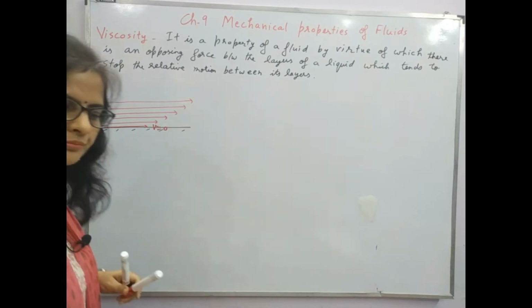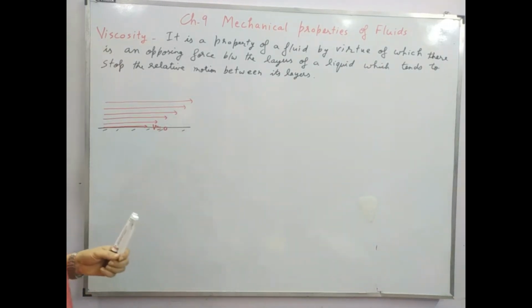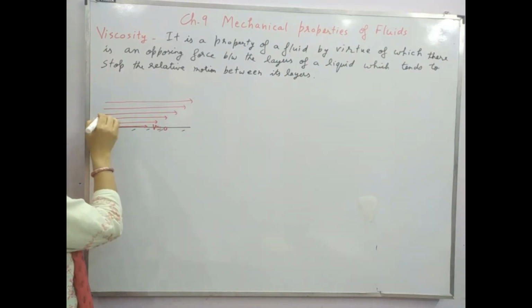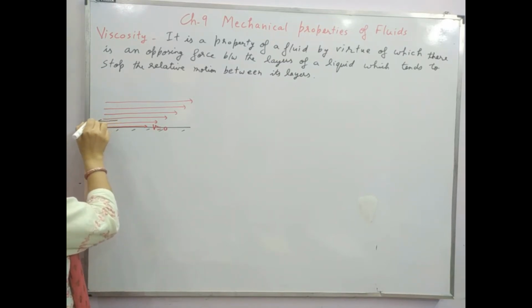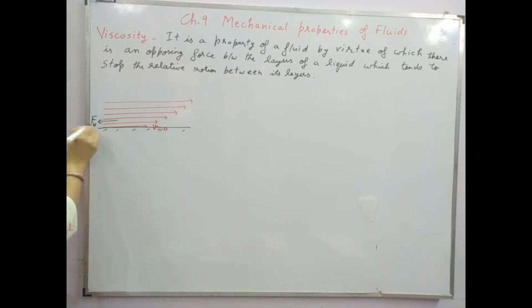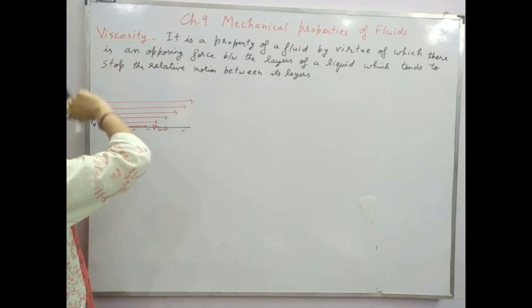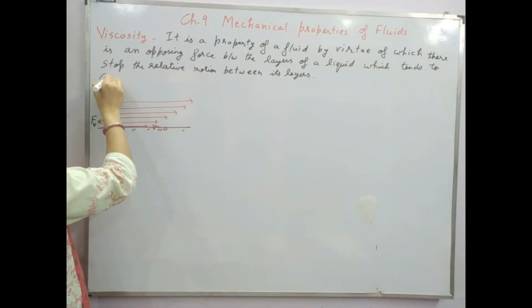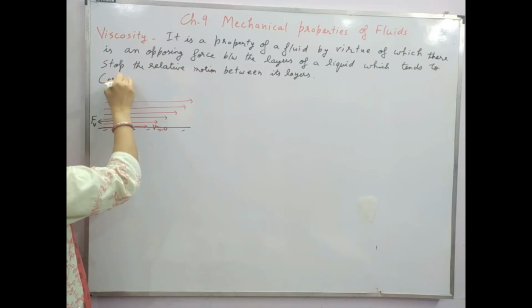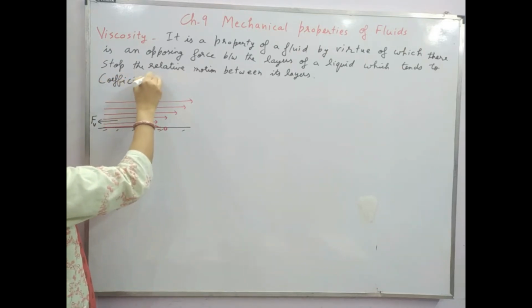And this opposing force between every two layers is in the opposite direction, and this is called viscous force, which is denoted by Fv, and viscosity is generally denoted by the coefficient of viscosity, that is eta.